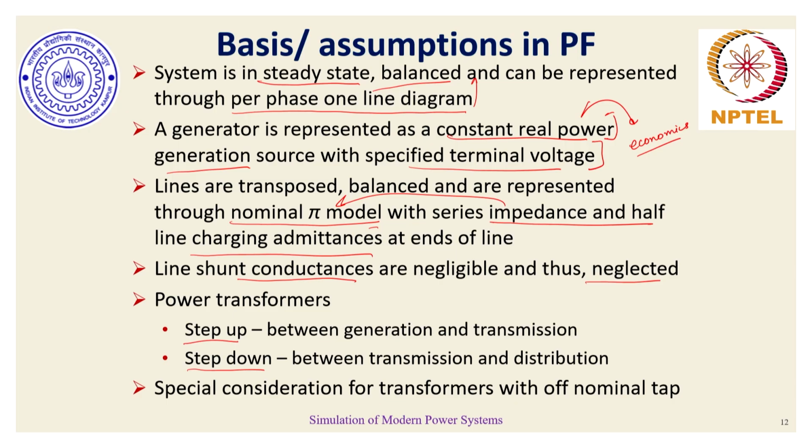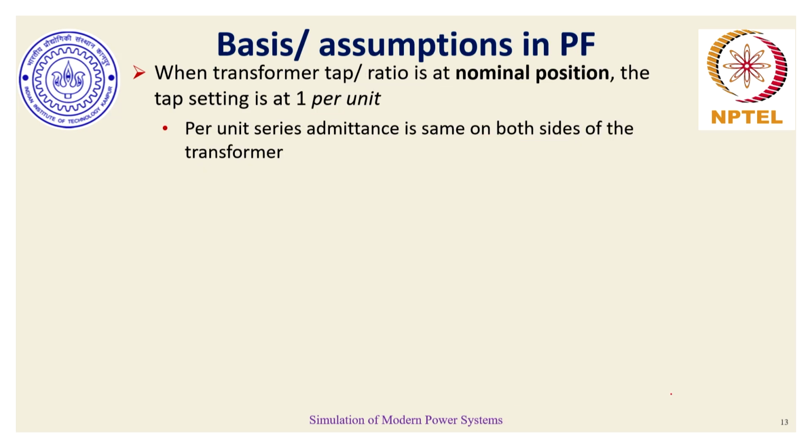And in power flow analysis, some special consideration has to be made if the transformer is not operating at its nominal tap position. So what do I mean by nominal tap position? The answer to that lies in per unit analysis. I would again request the students to please go through the per unit analysis module before going into the depths of the power flow analysis module.